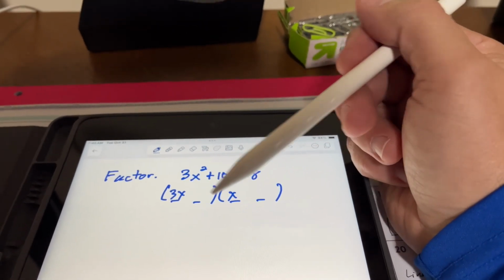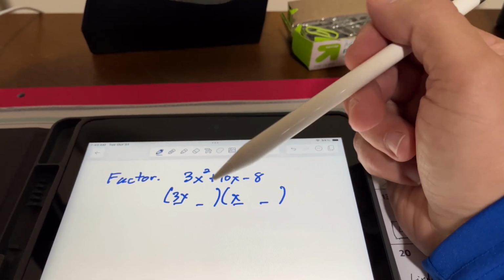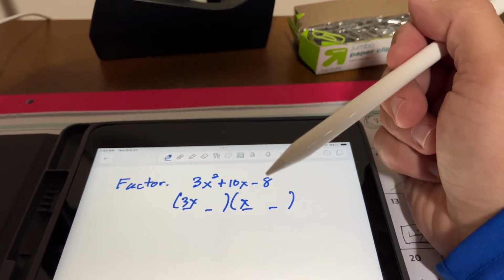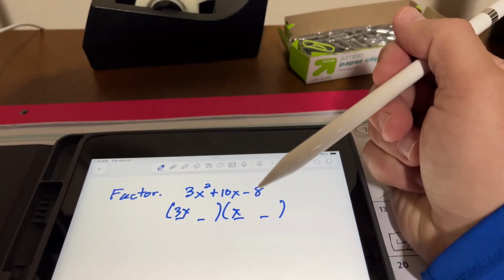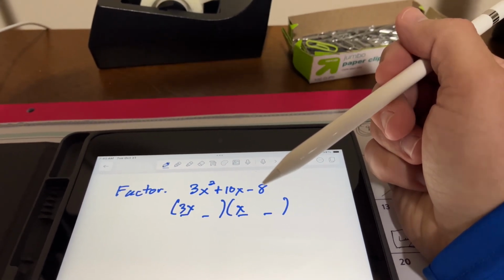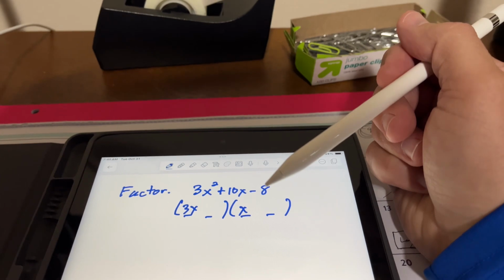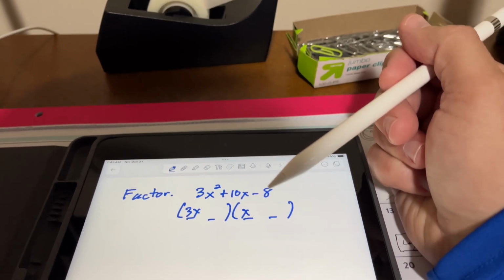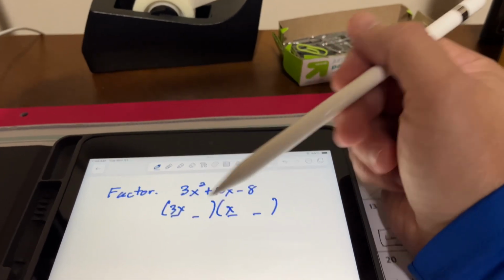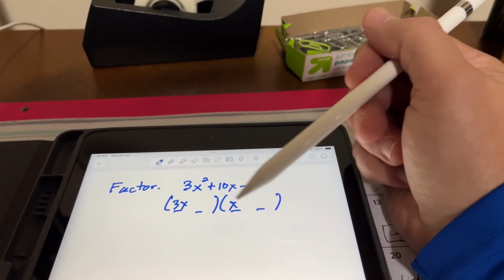Now the other 2 terms are going to be a little bit more difficult because these have to multiply to be -8. And there's a bunch of things that multiply to be -8. So -8 and 1, +8 and -1, -2 and 4, 2 and -4. So there's at least 4 different things, and we could arrange those a number of ways here in the parentheses.